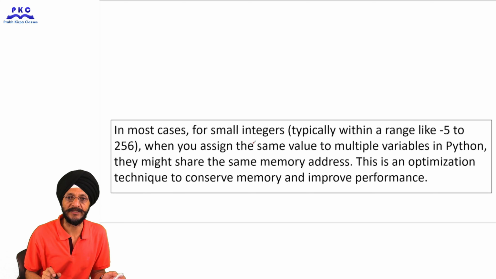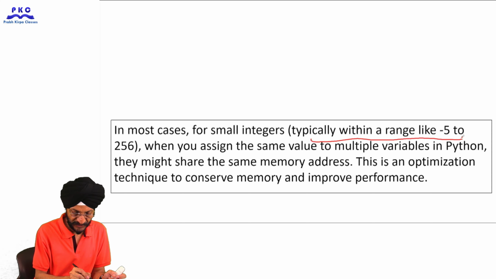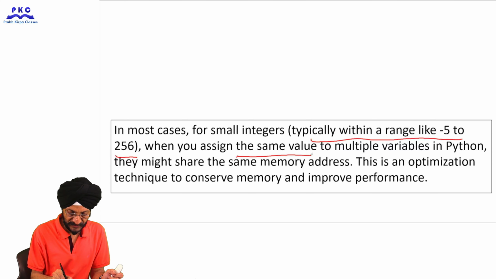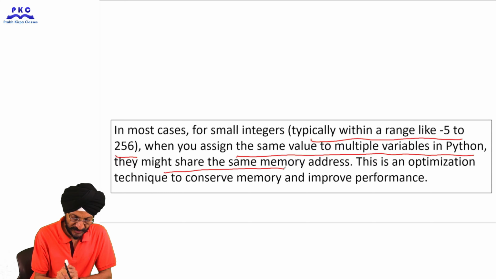In most cases, for small integers typically within a range of -5 to 256, when you assign the same value to multiple variables in Python, they might share the same memory address.